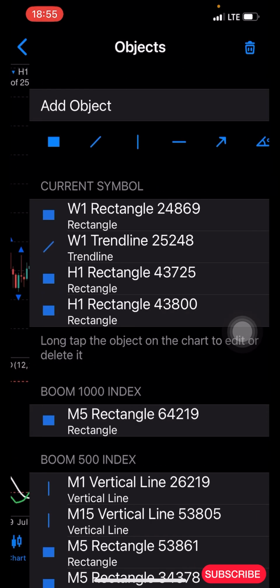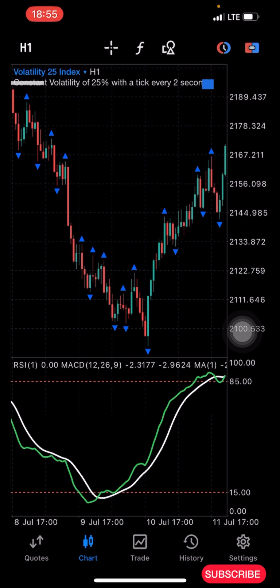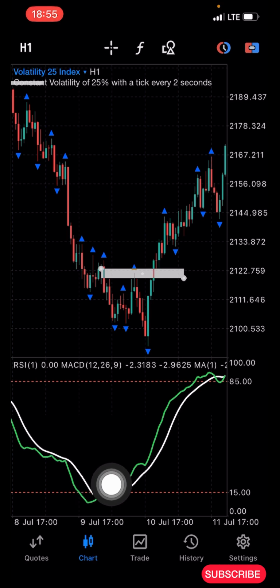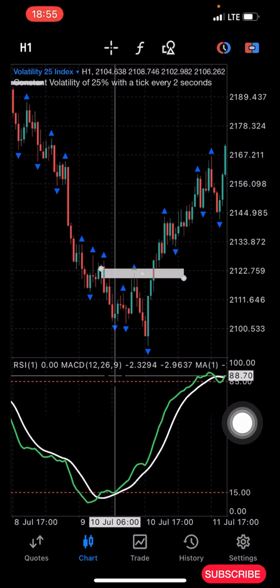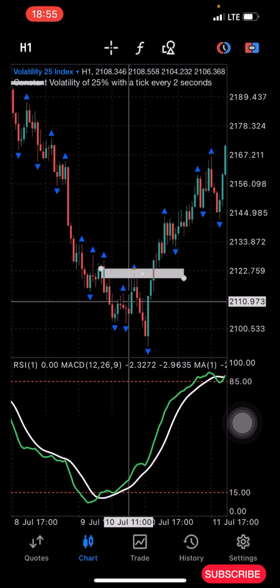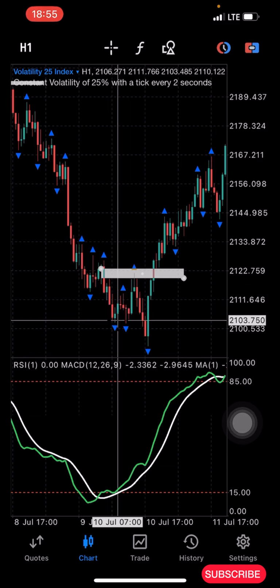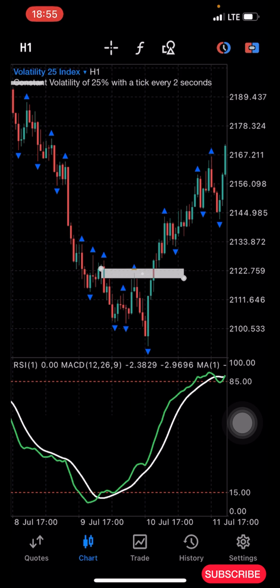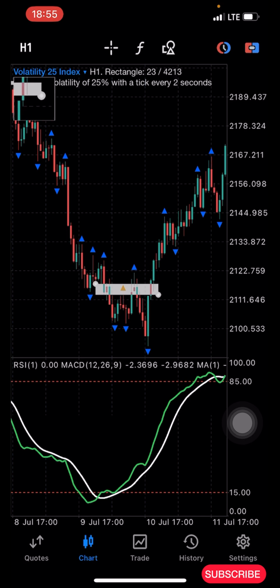In this case, after the crossing around this area, price came down a little bit here, went up, and this is the area the fractal was formed.